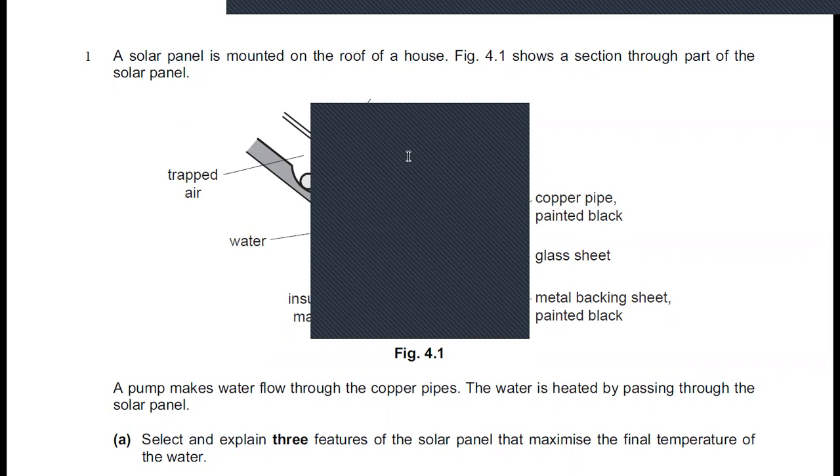The insulating material will reduce loss of heat by conduction. The trapped air in the glass will prevent the loss of heat by convection. So just like that, if you just mention the methods over here, that would be great.